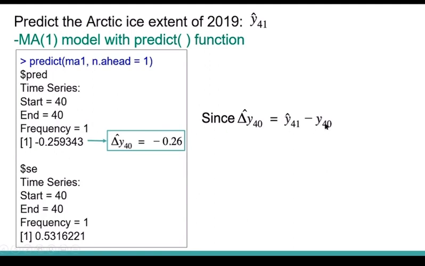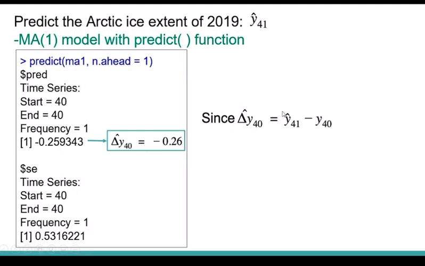Of course, Y40 is the last point in your data, and it corresponds to the data point for 2018. And delta Y40 is the one that you predicted right here.